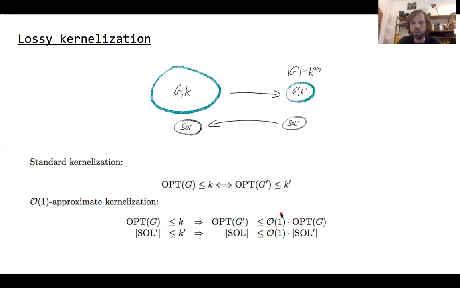It might increase it by some constant factor, and the lifting algorithm also shouldn't increase the size of the solution too much. And if we are able to solve the small instance with a constant factor approximation, then by following this route, we can also have a good approximation for small solutions in the original instance.